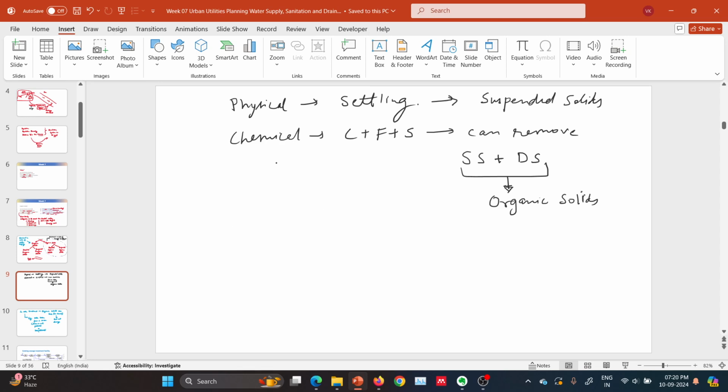But it may not be economical because of chemical cost.